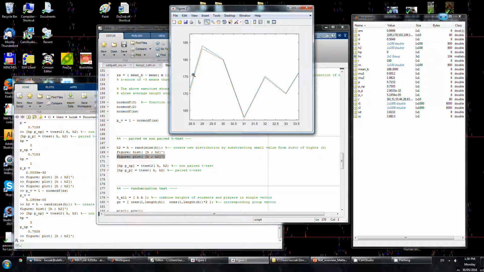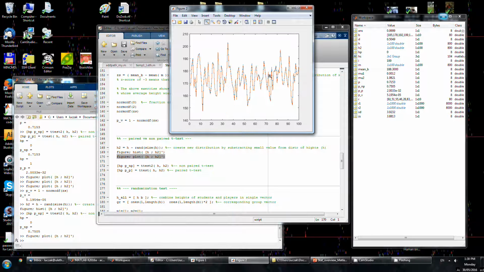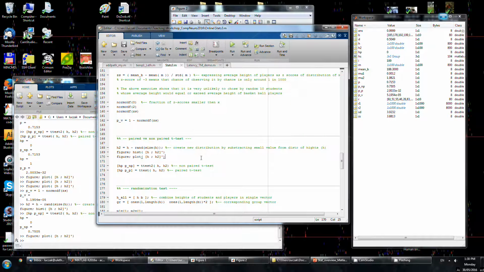So although both distributions are highly overlapping, this red line is slightly below. And in such a case, where you are doing repeated measurements from the same subjects over multiple days or multiple conditions, it is often more appropriate to apply the paired test.